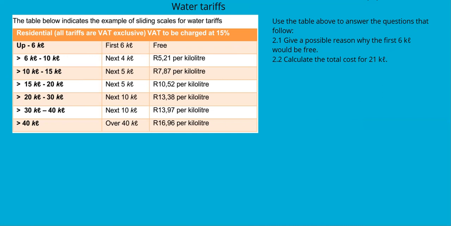Now, here, let's look at this. This is 2.1. So remember what I told you about the low income earners. So it accommodates low income earners.